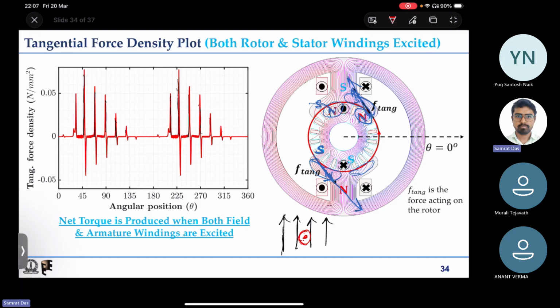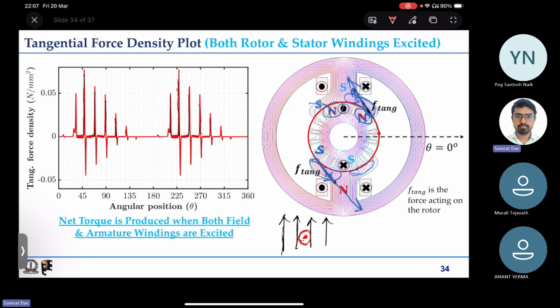So the idea is the current carrying conductor is seeing a very high flux density around it, and it has some current flowing through it.